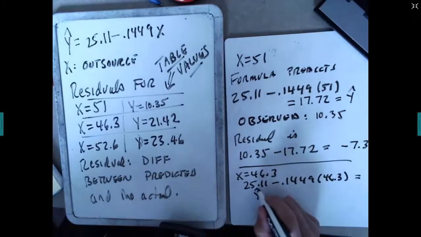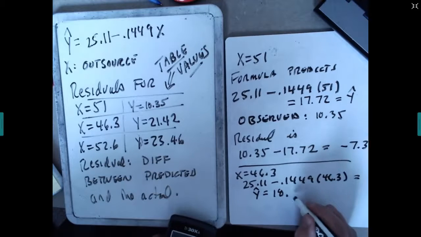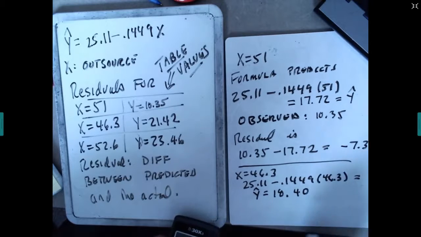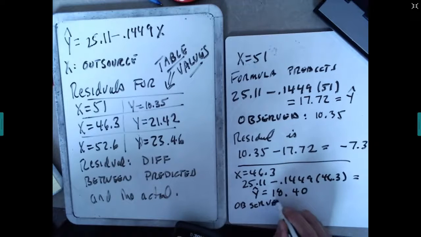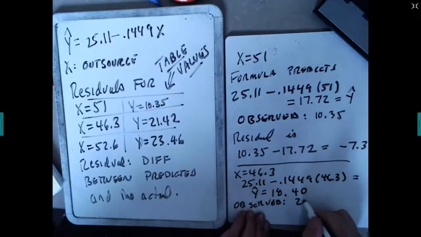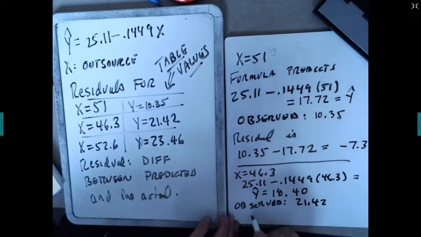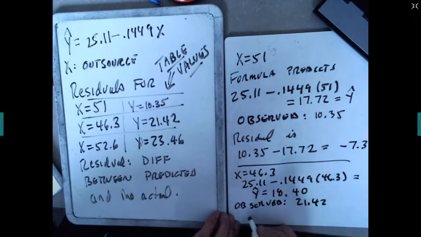Your y hat predicted is 18.40, and the observed, taken from the table value, is 21.42. The difference is, remember, the observed minus the predicted.